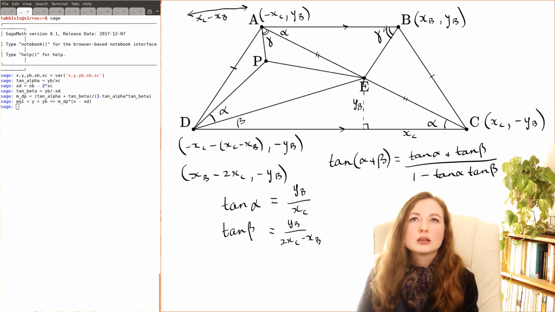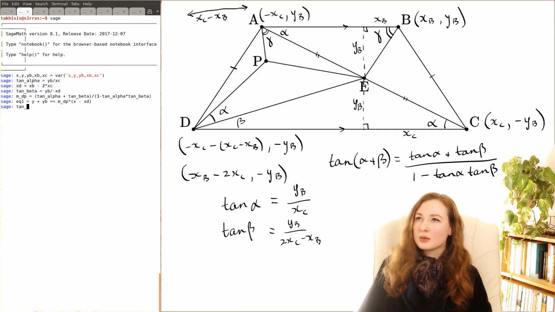So let's think about tan of gamma. If you imagine a little triangle here, that height would be yb, and that is xb. So tan gamma is yb on xb.